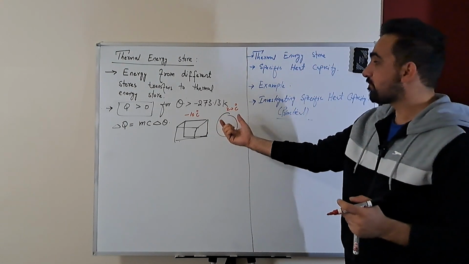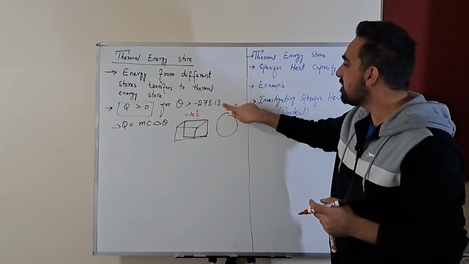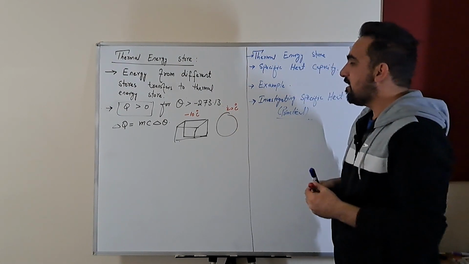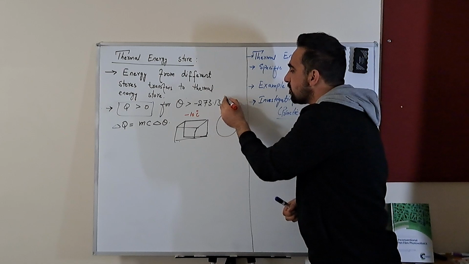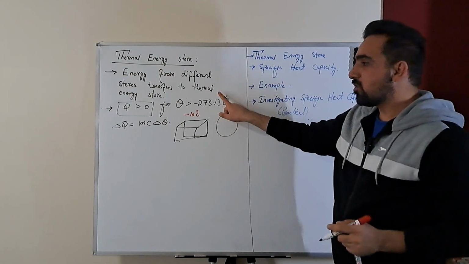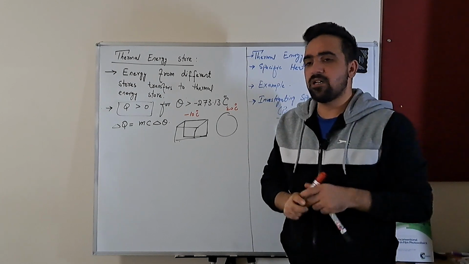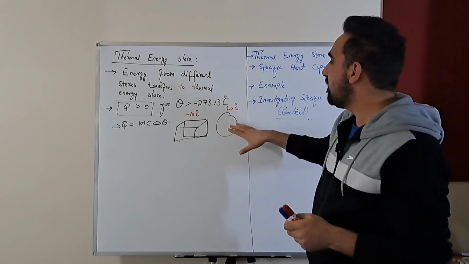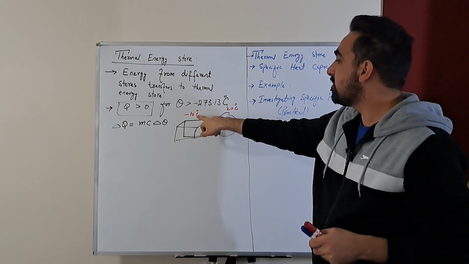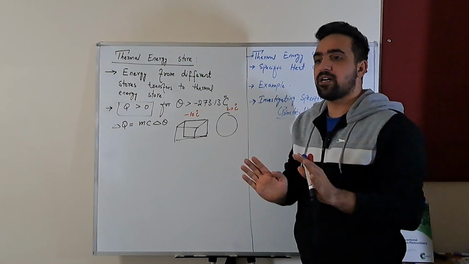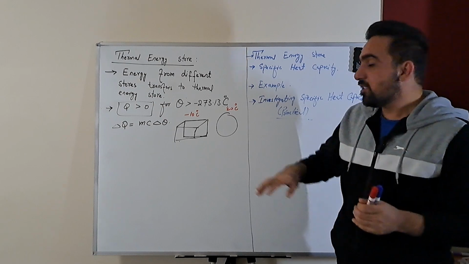They both have thermal energy stored in their stores. So all the material objects we see in our daily life always have some energy stored in their thermal energy store. Even if they are cold or hot, it doesn't matter.